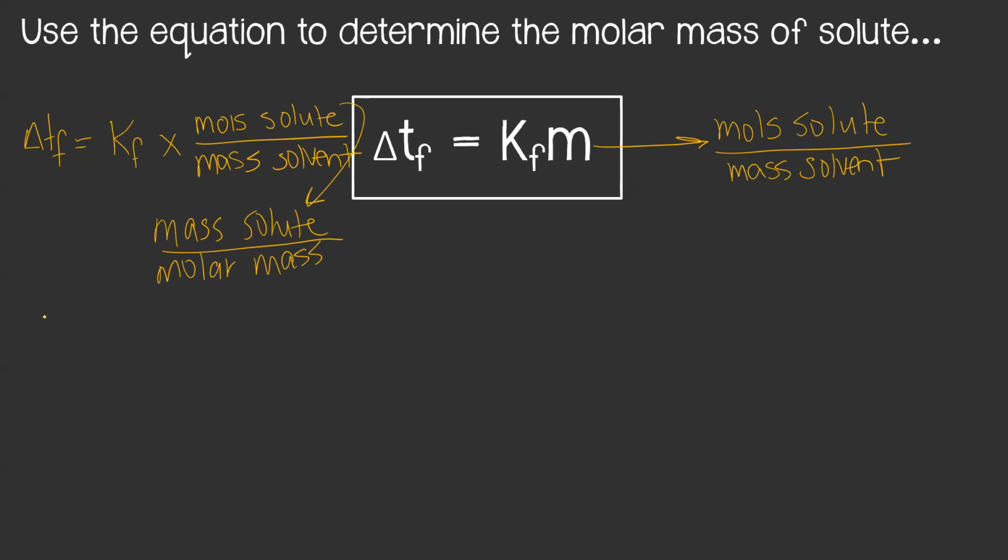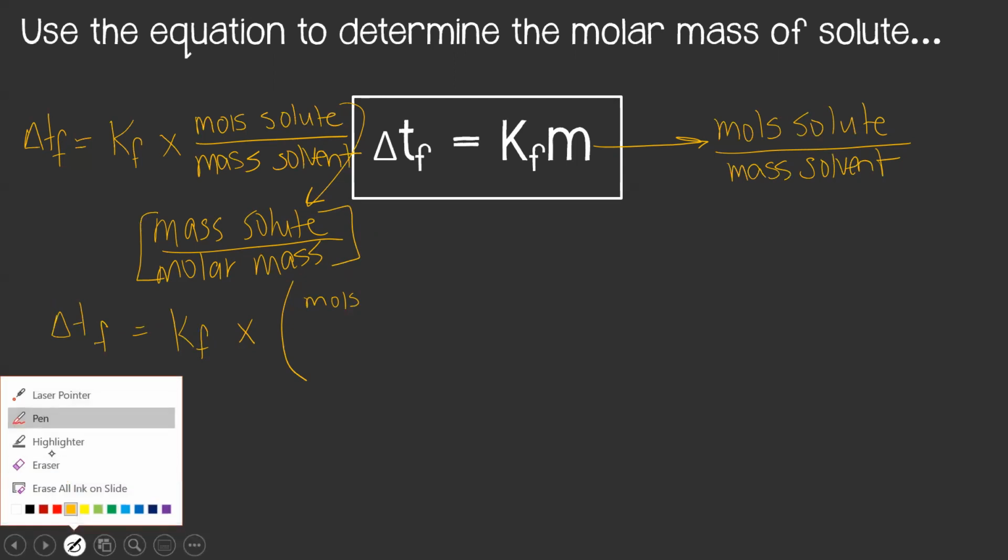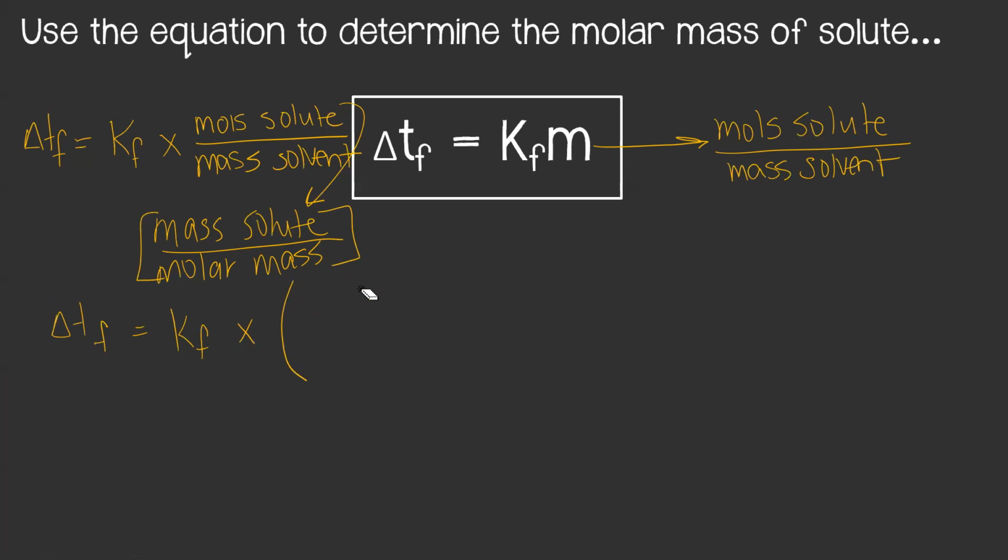So I'm going to write this again. Delta TF is equal to KF times, now I'm going to sub in this for moles, so I don't want to write moles.